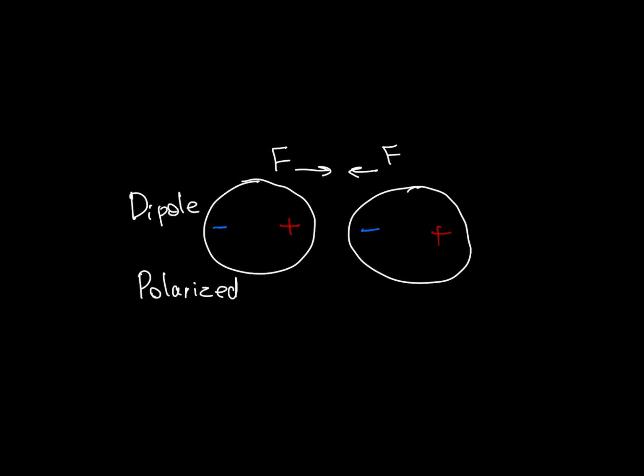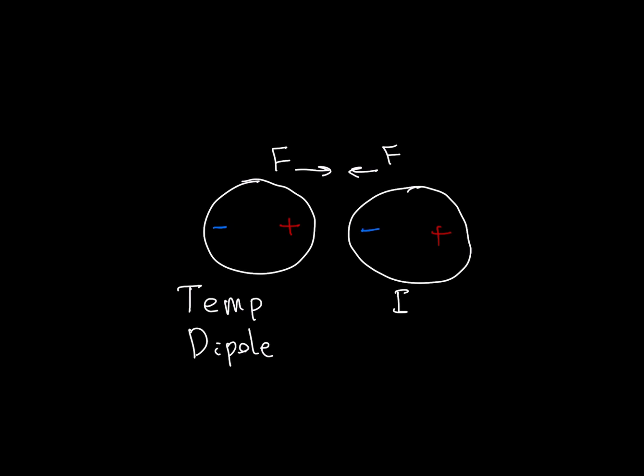Now, the atom that is to the left is called a temporary dipole because it is temporarily polarized as a result of the movement of electrons. And then the one on the right is called an induced dipole because the dipole in it was created by the positive charge that was pulling the electrons from the other atom.